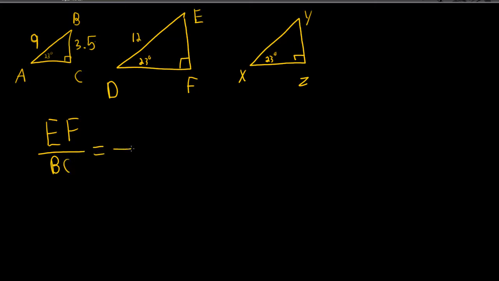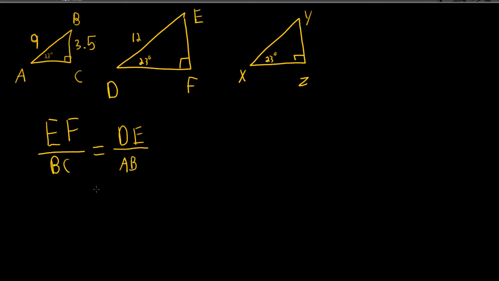And we set up our other proportion. What other numbers do we have to work with? On the triangle DEF, we have the hypotenuse, DE, which is 12. I'm just going to put DE for now. What side on the smaller triangle would correspond with that? Well, AB.